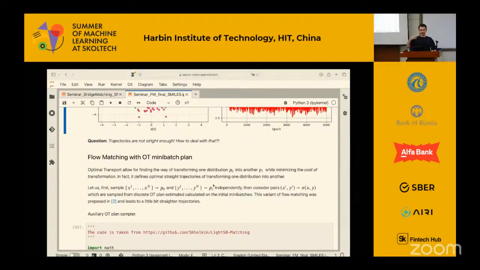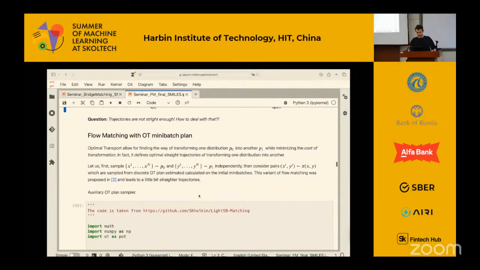It can be converted to a linear optimization problem, which is solved, I believe, in cubic time in the number of samples. So if your batch is not that big, you can solve this optimal transport problem on a mini-batch and use the transport plan you get during the training of your flow matching. This would be better than the independent plan, but it requires some computation.